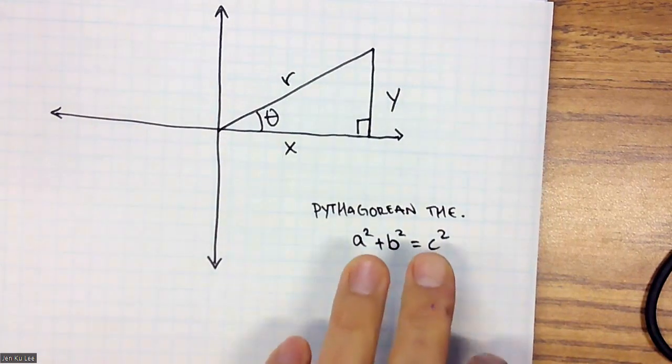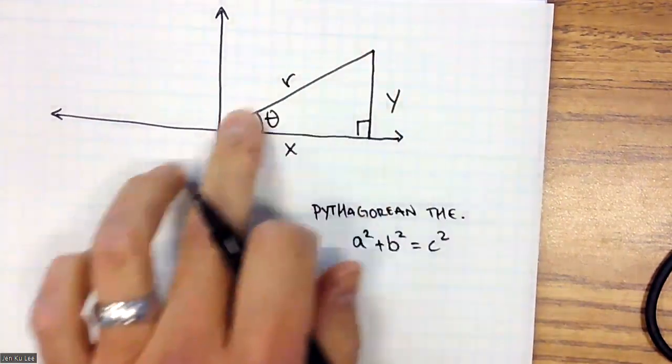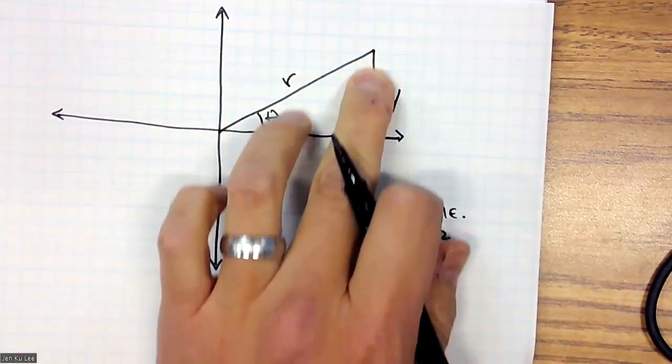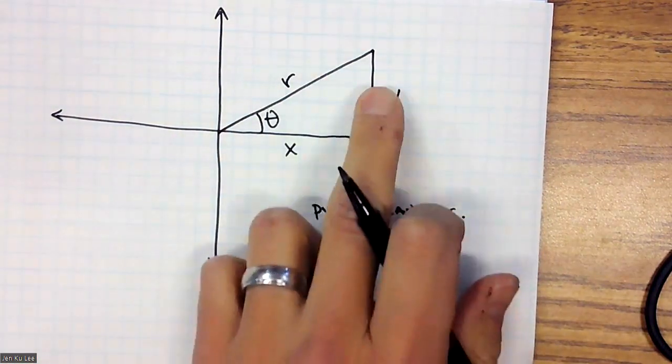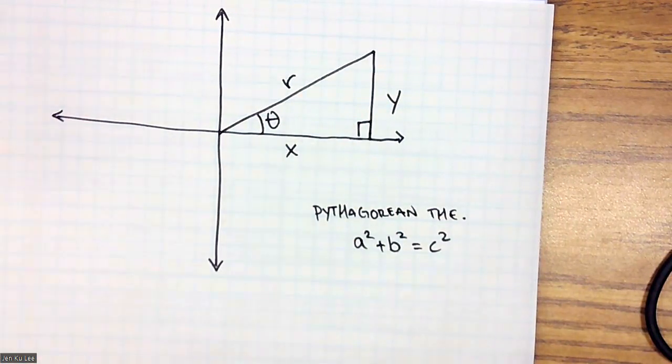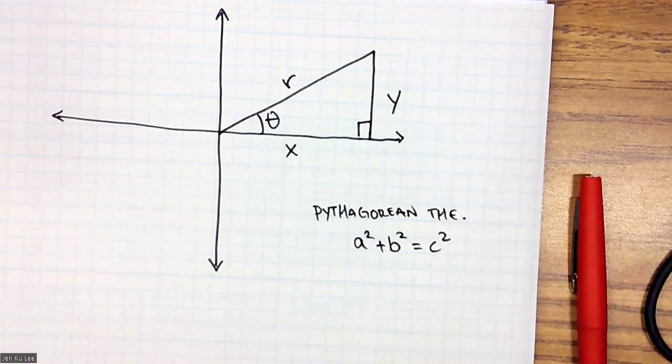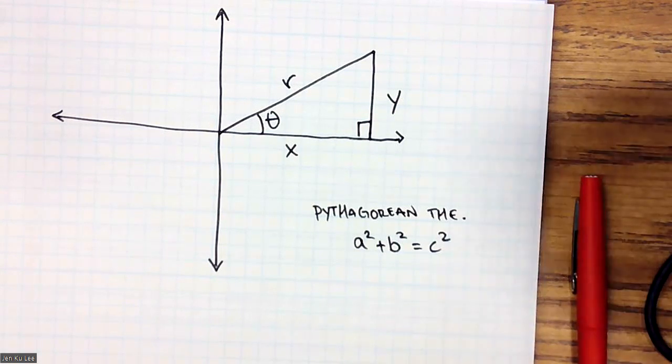If I have this as my right triangle, can I change my a, b, and c to x, y, and r? What's the important piece that I need to keep? Can I just put x, y, and r anywhere that I want? No. What's the one rule?